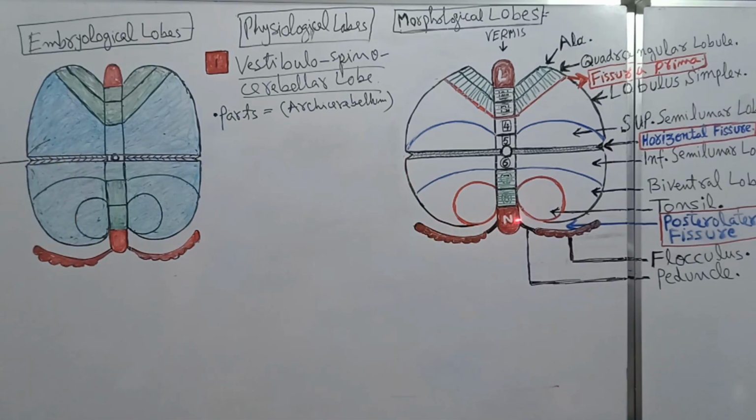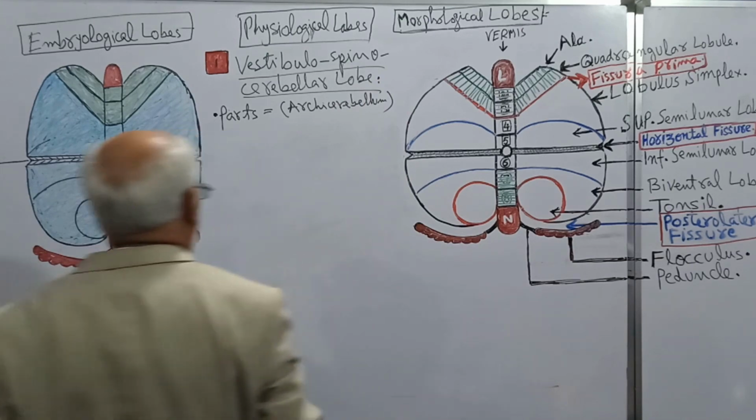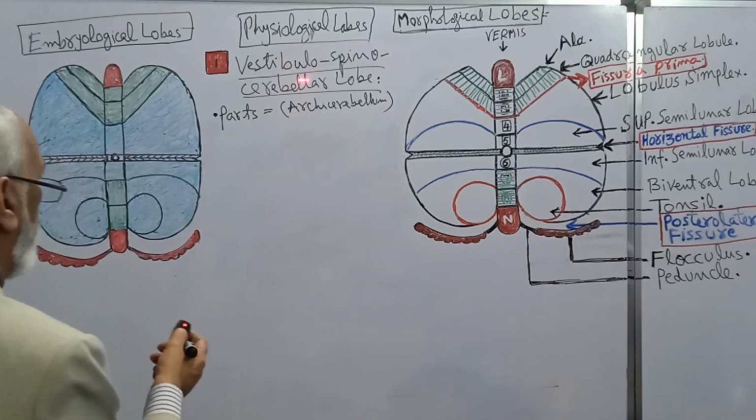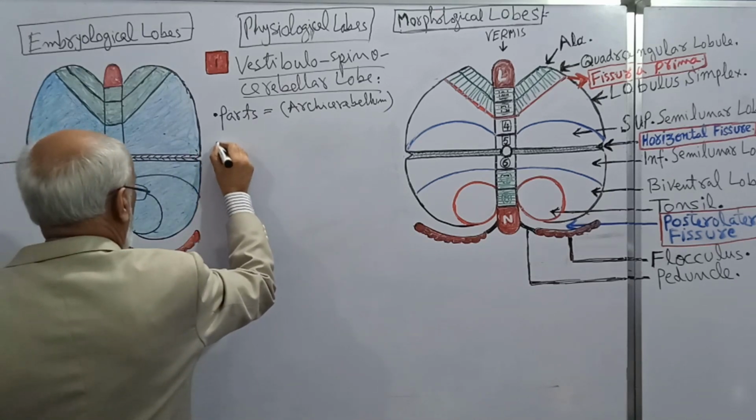You know, the flocculonodular lobe and lingula of the vermis. These are different parts of the archicerebellum. Physiologically, these parts of the archicerebellum constitute the physiological lobe named vestibulospinocerebellar lobe.